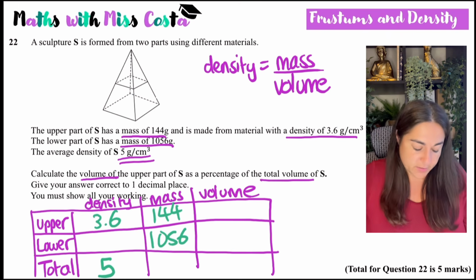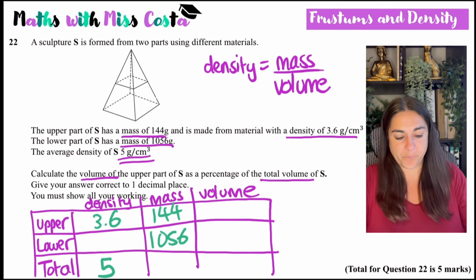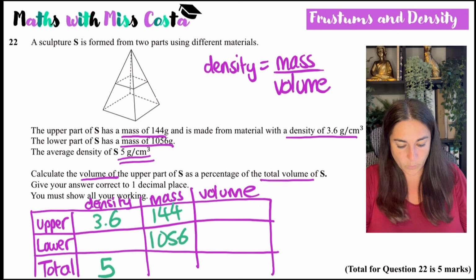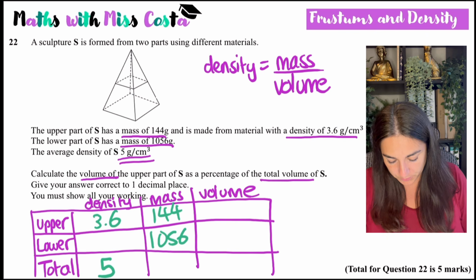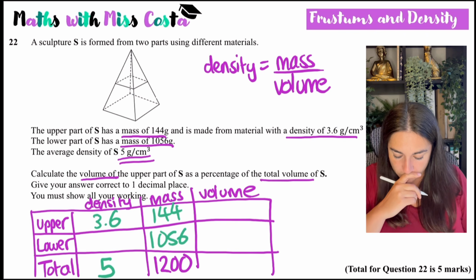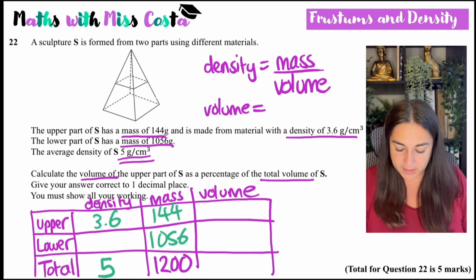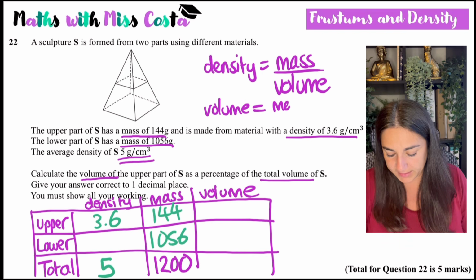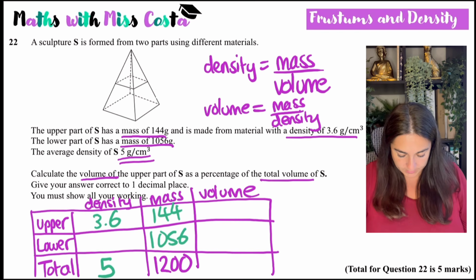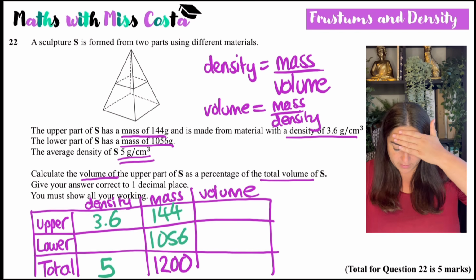So total mass is 144 plus 1056, which is 1200. Now I could work out the volume by rearranging this formula. So volume is going to be mass over density. What am I trying to do?